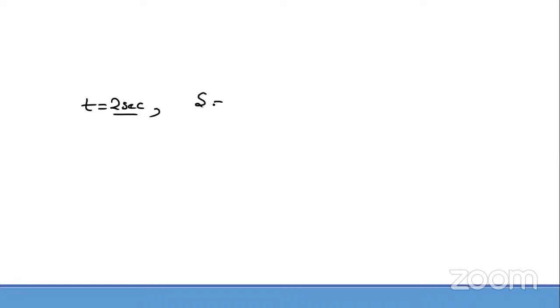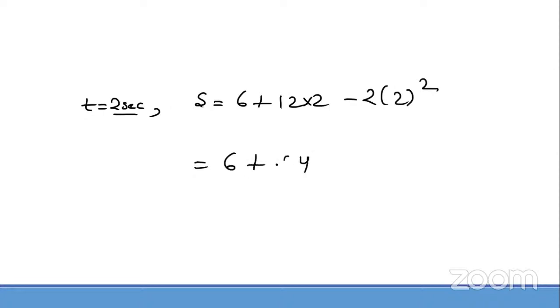So this will be 6 plus 12 into 2 minus 2 into 2 square. 6, 24, minus 8. This is 24 minus 2, this is 20. This is for 2 seconds.